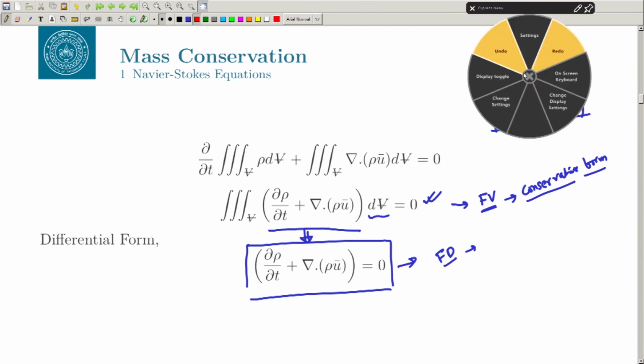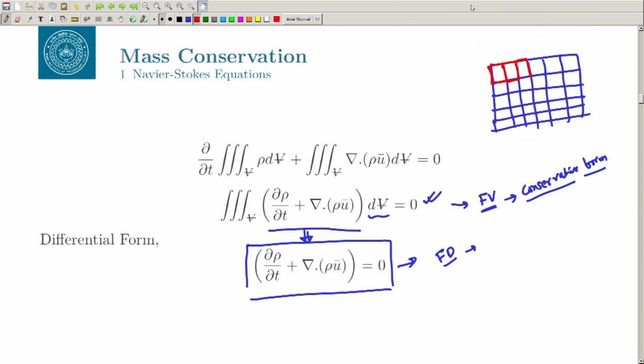On the other hand, in finite difference, the conservation is ensured through the boundary. So through the entire volume, the conservation of mass, momentum and energy will be ensured. It will not be ensured in every single element or cell that we have.